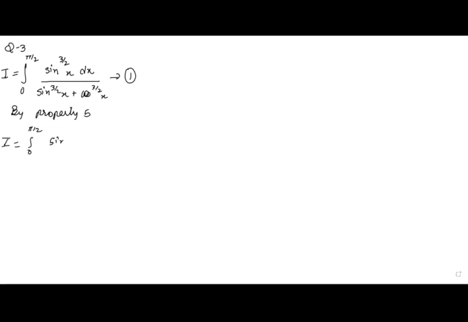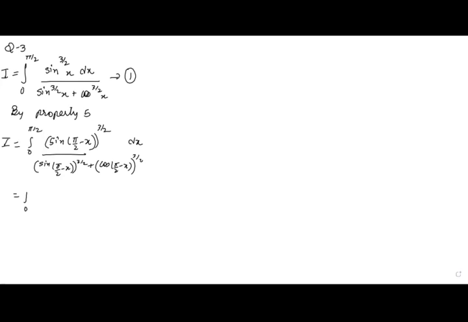So sine of pi by 2 minus x, whole raised to 3 by 2, upon sine of pi by 2 minus x raised to 3 by 2 plus cos of pi by 2 minus x, whole raised to 3 by 2.